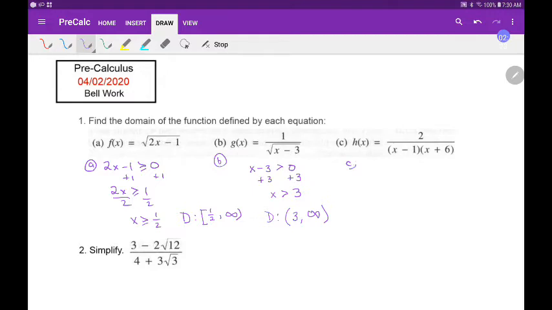And for C, okay, so I guess we could say both things. We know that x has to be greater than 1, and x also has to be greater than -6. And the greater than 1's going to win because, we could say 0, but then we'd have a problem.